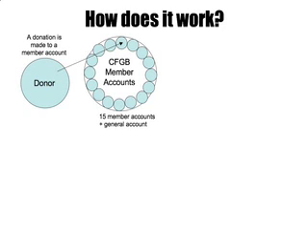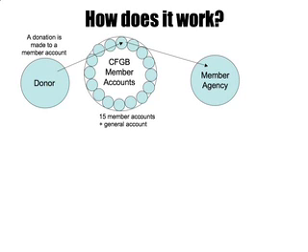Once the funds are in the member equity account, the member agency has an opportunity to decide how they will program these funds. The member agency will work together with a local programming partner to determine what the need is and how it can be filled. Let's say, for example, they choose to work in Kenya. They may determine what the need is, how it should be filled, and what program will be the result.